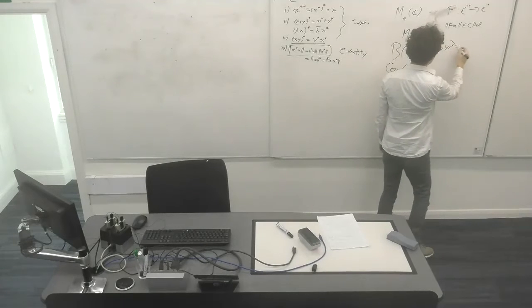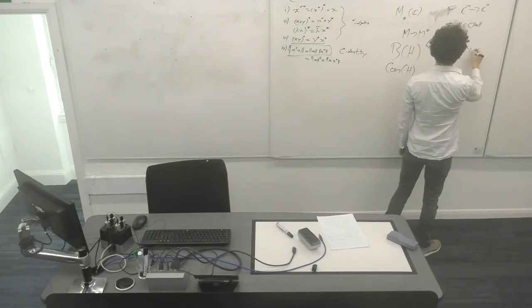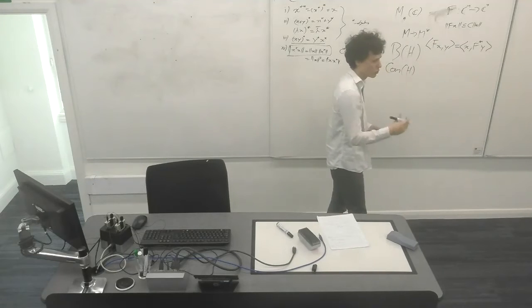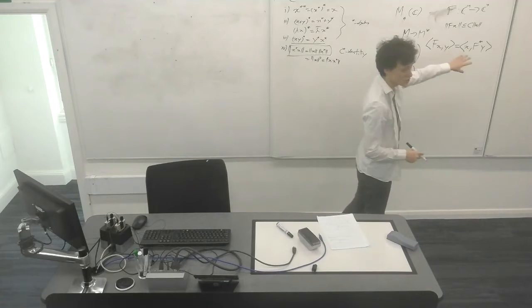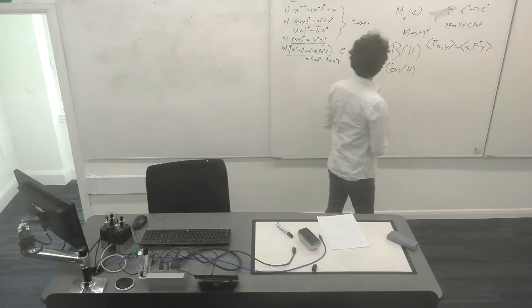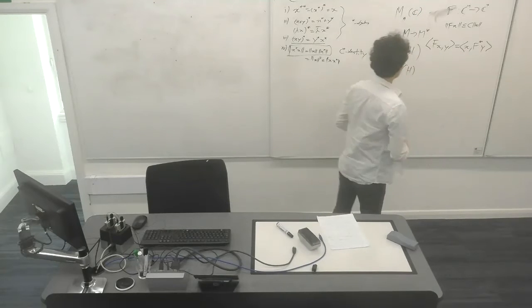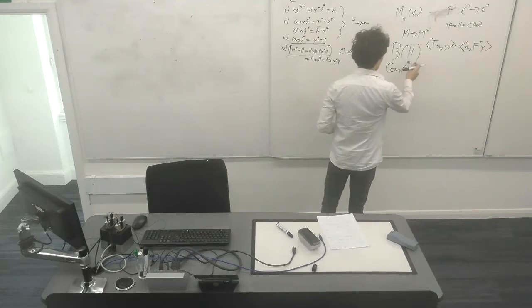And an adjoint is just another operator, F star, which satisfies this property. We've seen it before someplace. Hopefully, you can prove this always exists, which is good because that means we can define it on the entirety of our space H.